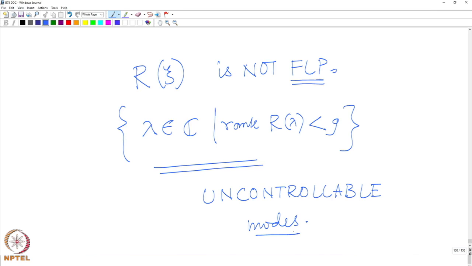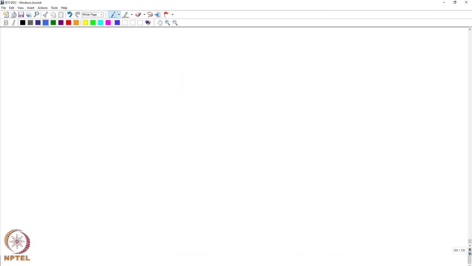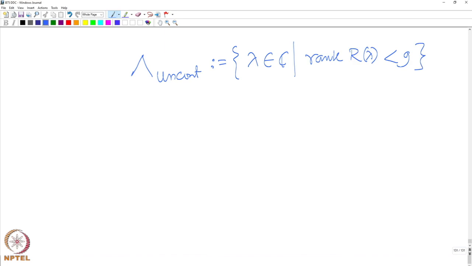Okay. And then just like in your multivariable control, some systems may not be controllable, but have their uncontrollable modes, lambda uncontrollable, which is by definition this set. If this is in the open left half of the complex plane, then at least these uncontrollable guys will die down as t tends to infinity.